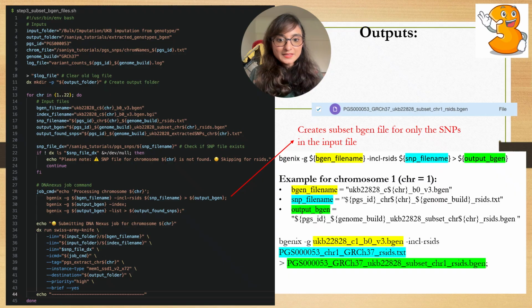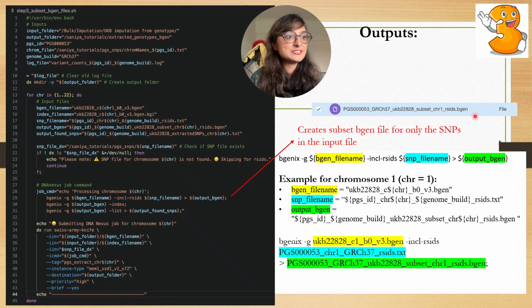So then what you'll see here in the code is that when we run this BGENX/G, this file name INCL RSIDs, this command over here, it's creating the subset BGEN file. So for chromosome 1, it's creating this PGS, this is the score PGS ID here, this is the genome build that I mentioned, chromosome 1.bgen.